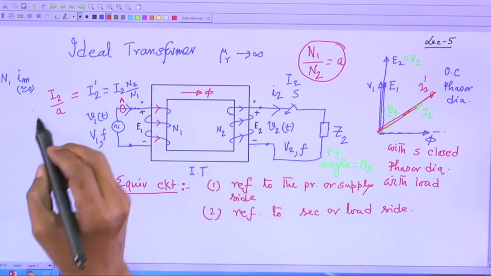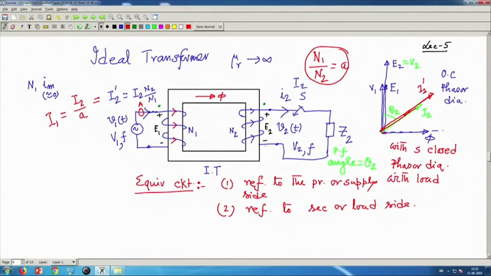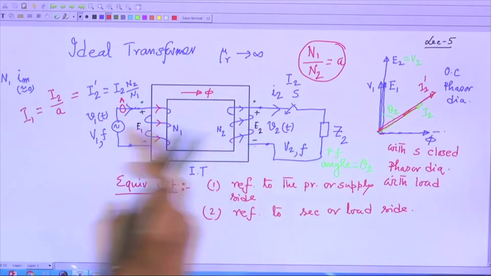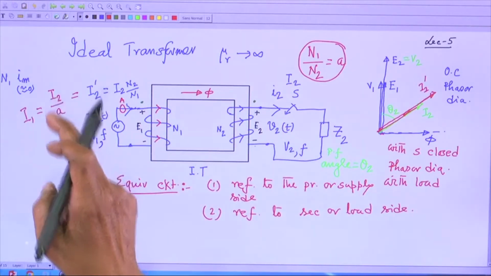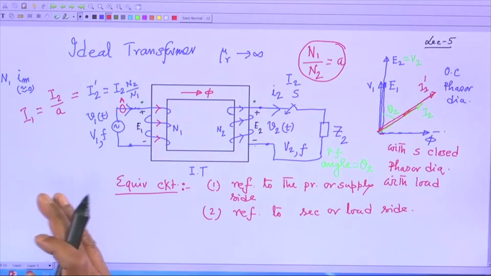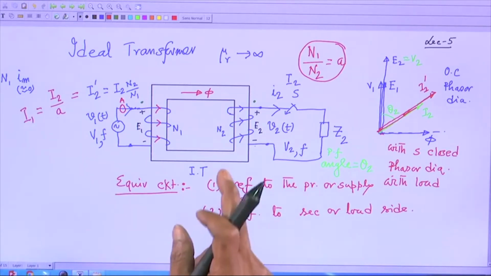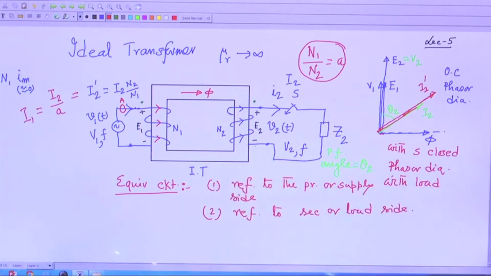And this I2 dashed I will call I1 in this case, the primary current. So, I1 is equal to I2 by a, and if I2 is 0 with S opened, I1 also vanishes. The supply is totally unaware of the fact that there is a transformer and a load connected across the secondary.